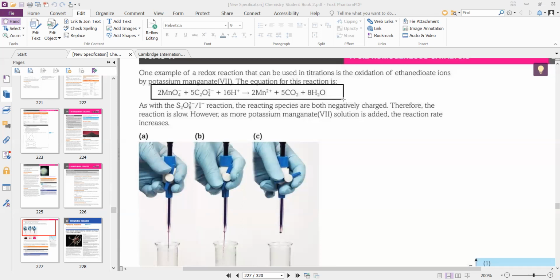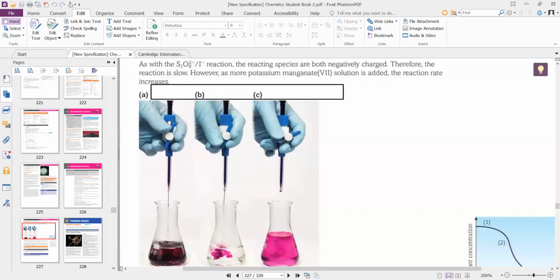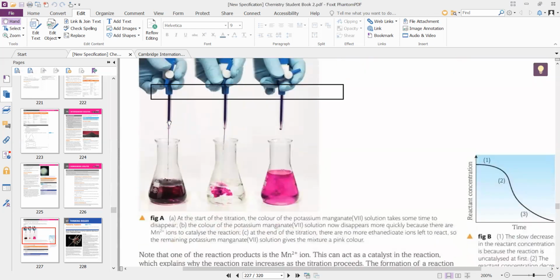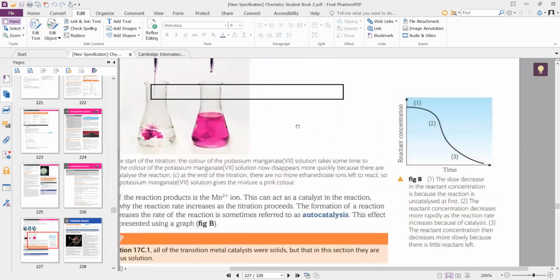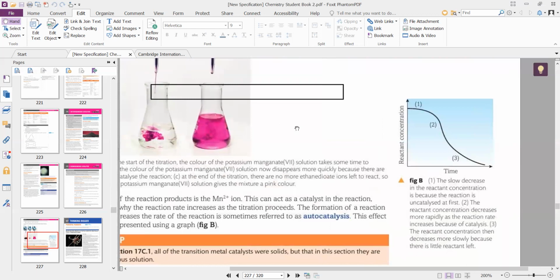Now, this reaction is slow to start. Therefore, heating is required.